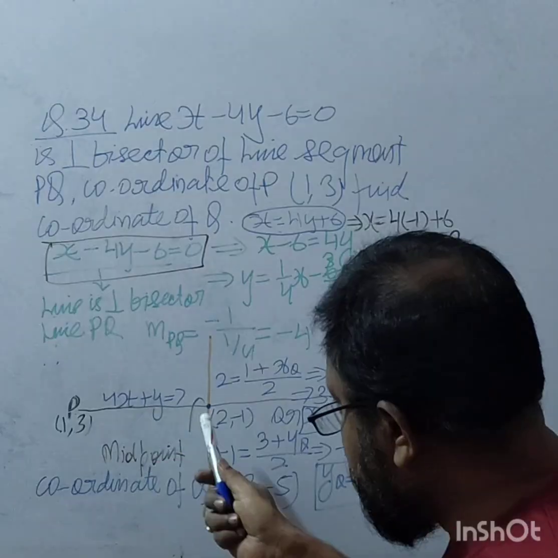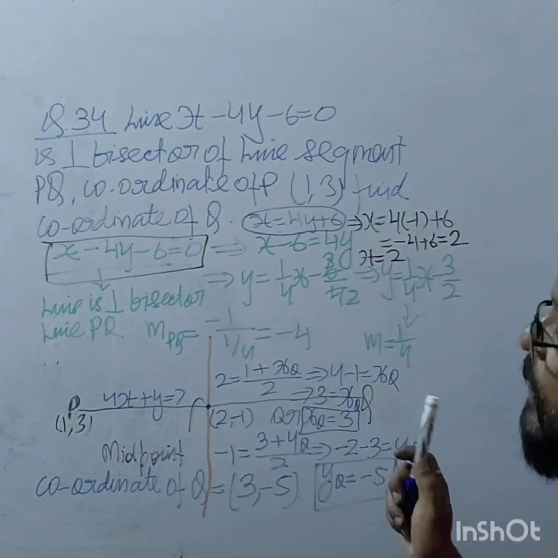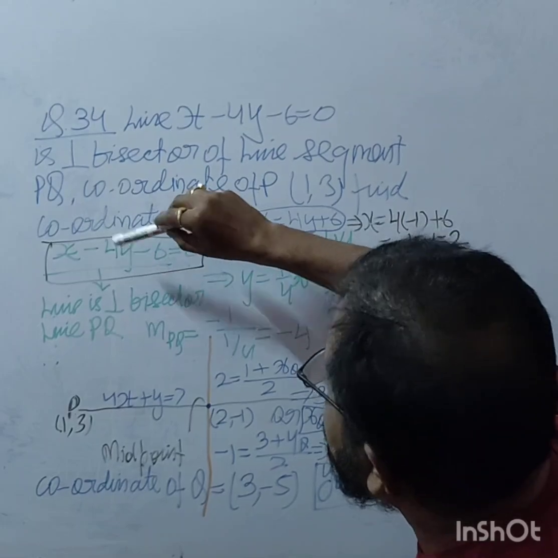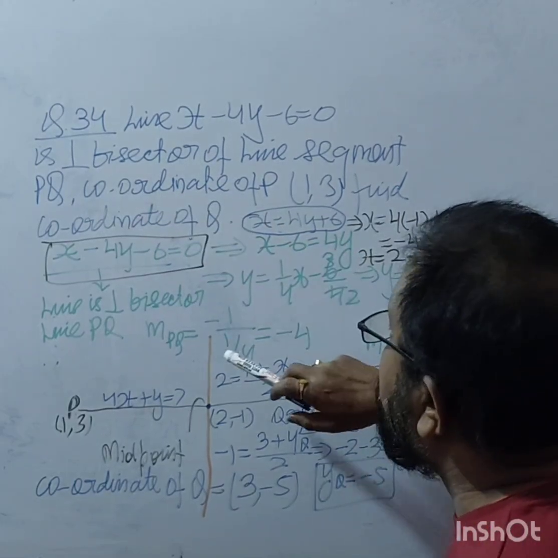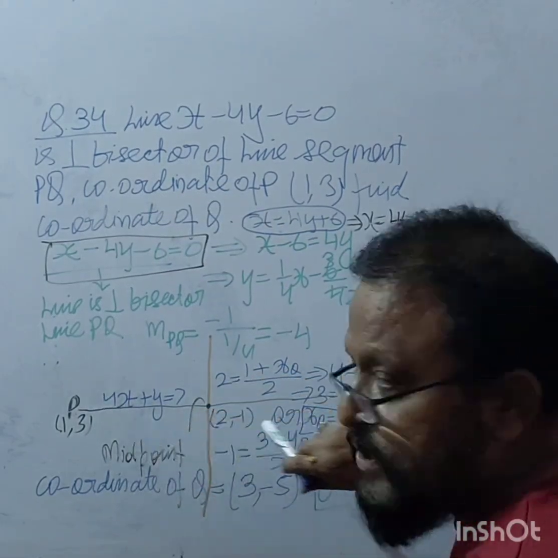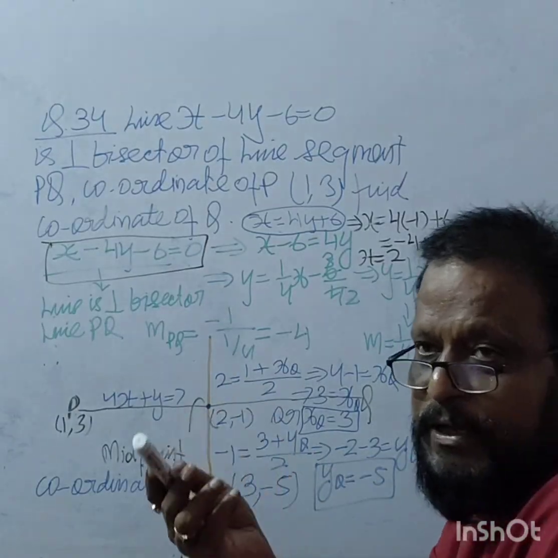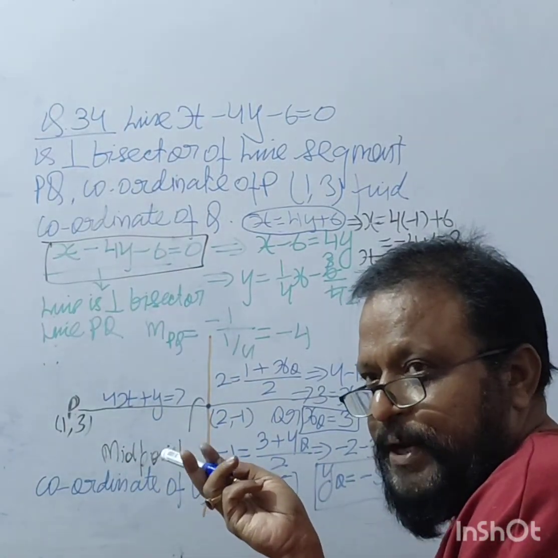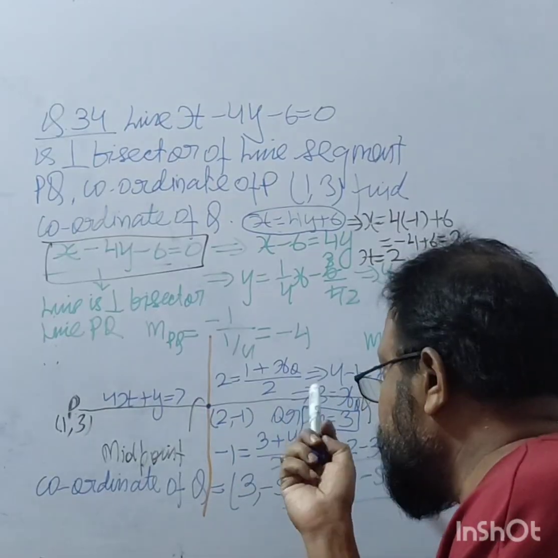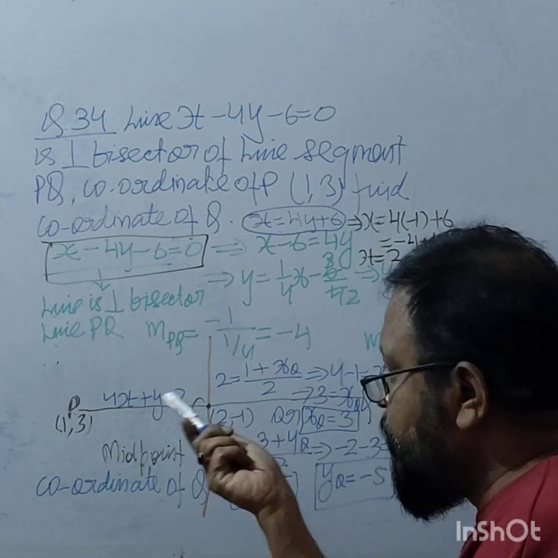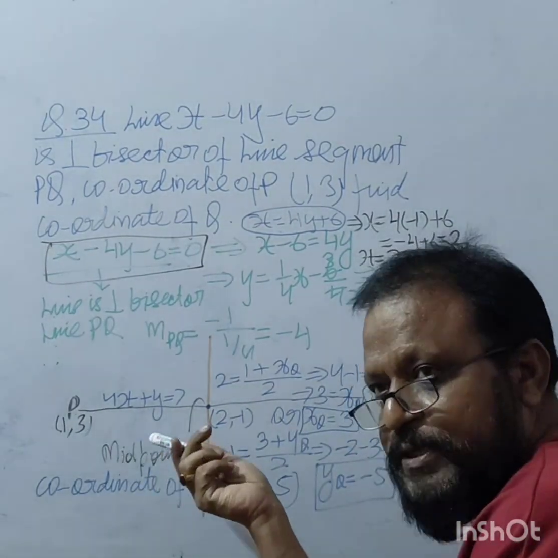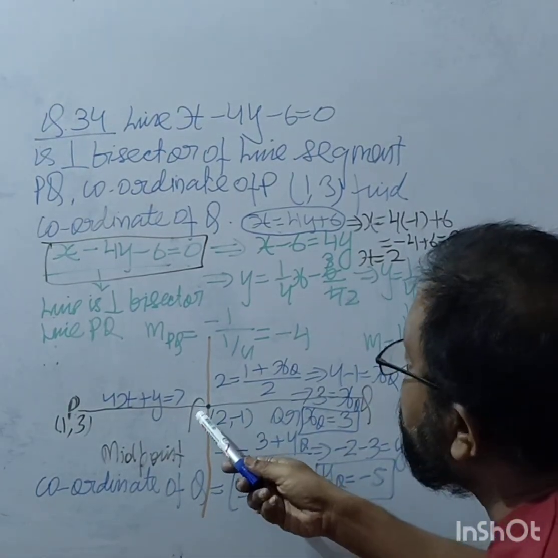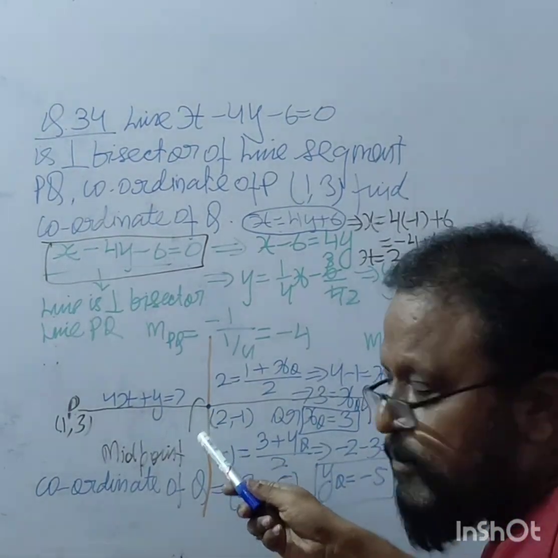So this is how you get the midpoint, and then you get the coordinate of Q. They are perpendicular, so from this equation's slope, we find the slope of the other equation. Then we put the values: y minus yP is equal to m bracket x minus xP. So we get the equation 4x plus y is equal to 7, and then we get the intersecting point.